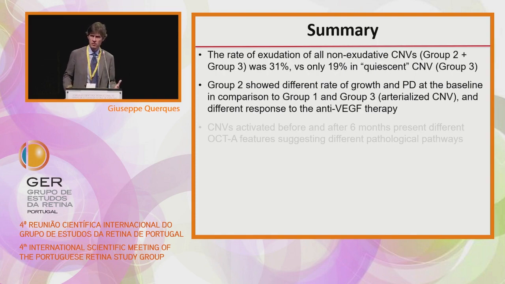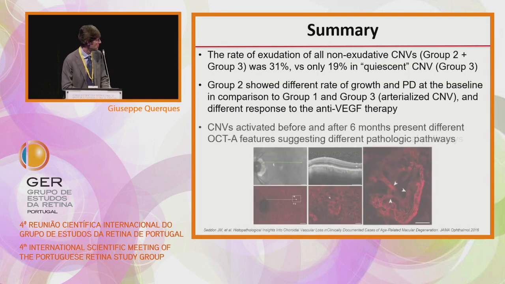You know, treatment-naive quiescent neovascularization does not need treatment, because it is probably there nourishing the outer retina, so it is doing a good job. And this is also demonstrated by the mature appearance of the new vessels and by this arterialized appearance.